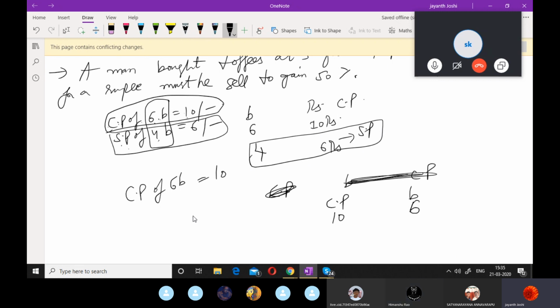How can we take it? See, the SP is 6 rupees for 4 bananas. For 4 bananas, if the SP is 6 rupees, for 6 bananas it will be how much? Can you get the SP in this form?